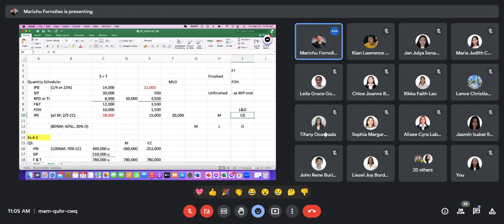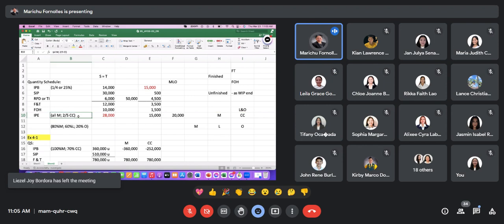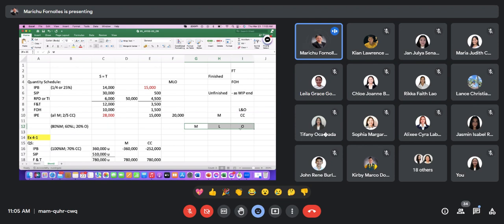So two columns ang i-provide for the EP computation if the parenthetical disclosure would look like this. But if the parenthetical disclosure would be like this, then you will provide one column for each cost element. So your EP for materials is not the same as the EP for labor and is not the same as your EP for overhead. That's why you provide three separate columns for the EP calculation.